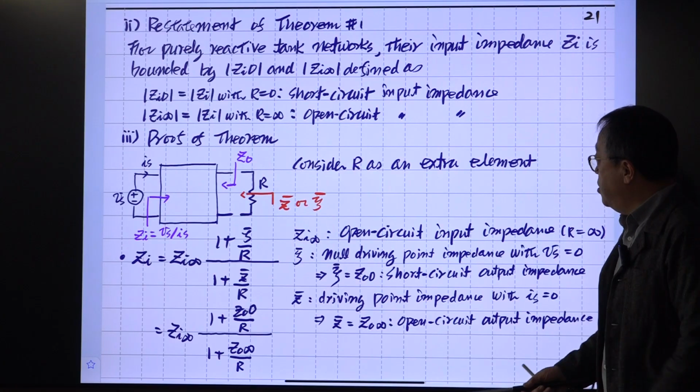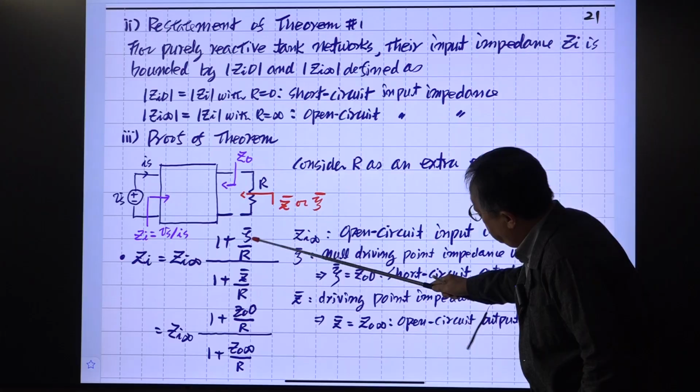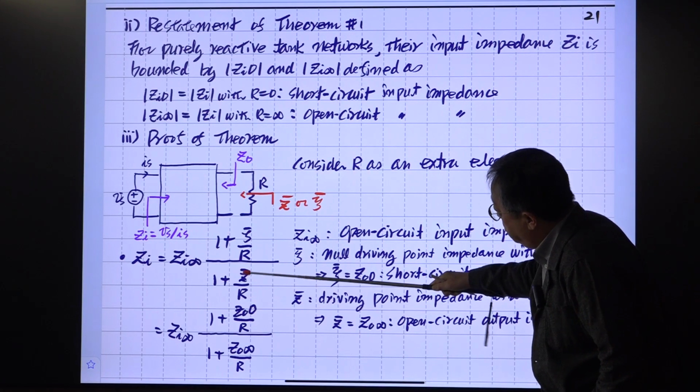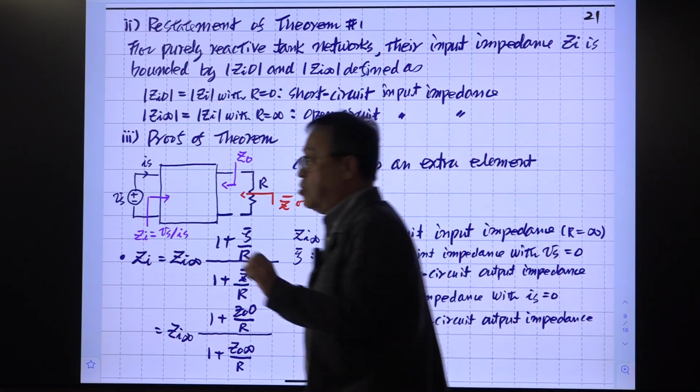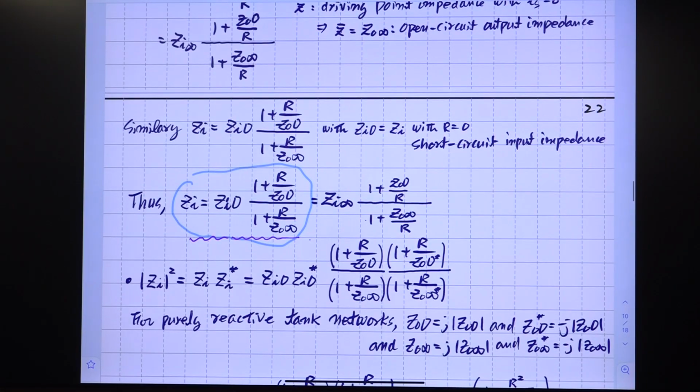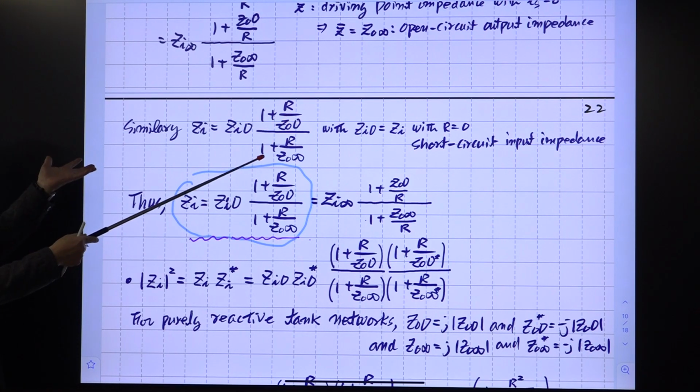This is the expression, and we use this notation for it. Zeta bar is this one, and G bar is this one. There is an alternative expression for the extra element theorem. It is very similar to the previous case, but initially GI0 is the input impedance with the output terminal shorted, and R comes in at the top.